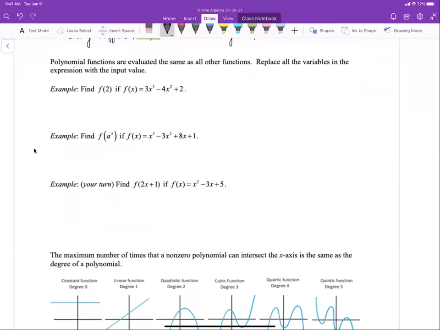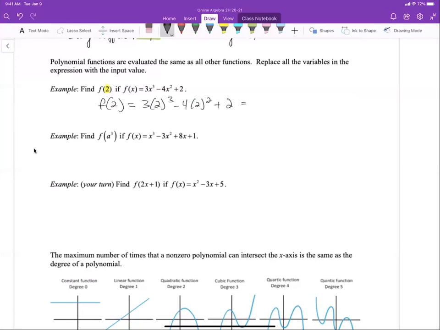So replace all the variables in the expression with the input value if you're asked to find the value of this polynomial, if, for example, x was 2. So in this situation, what would we do? We would write f of 2, not f of x, is equal to 3 times 2 cubed minus 4 times 2 squared plus 2.